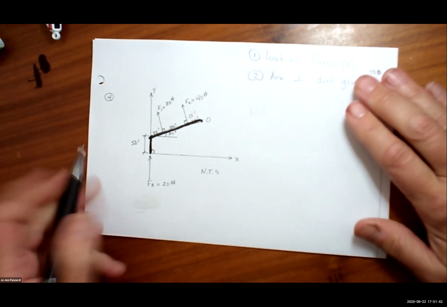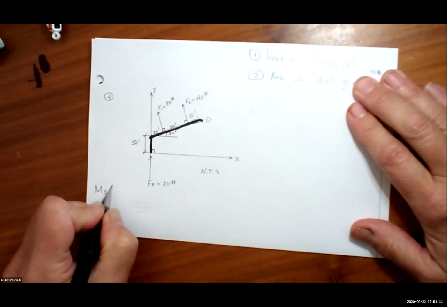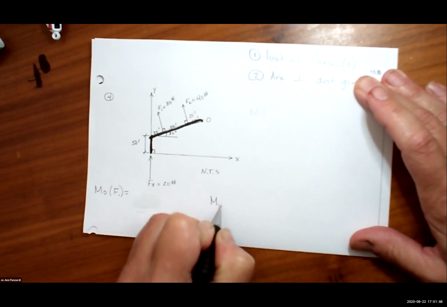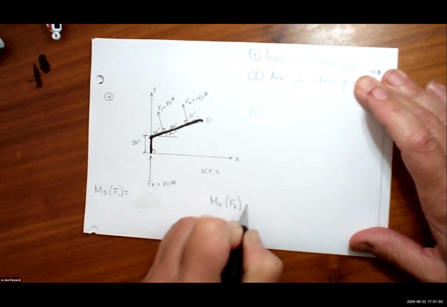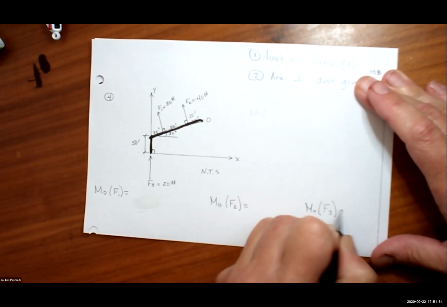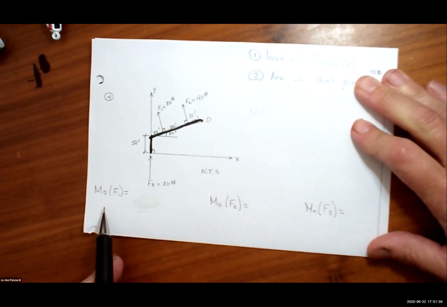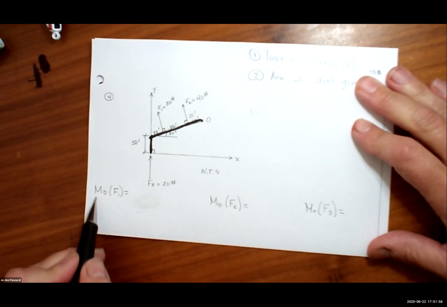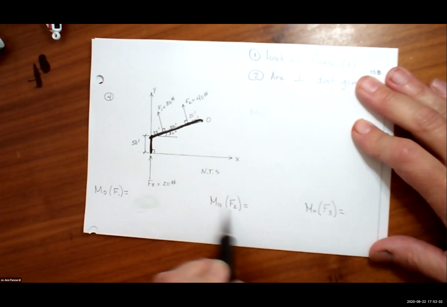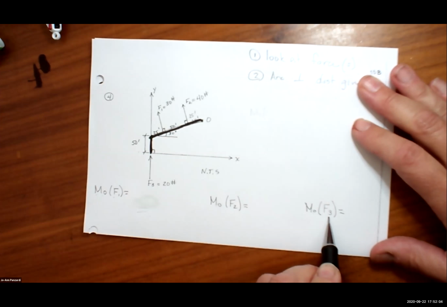I'm going to say the moment about O due to F1, the moment about O due to F2, and the moment about O due to F3. Does everybody see my notation? Take a look. The moment about O due to F1. The moment about O due to F2. Moment about O due to F3.